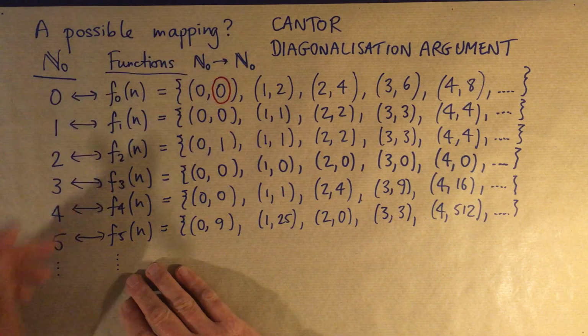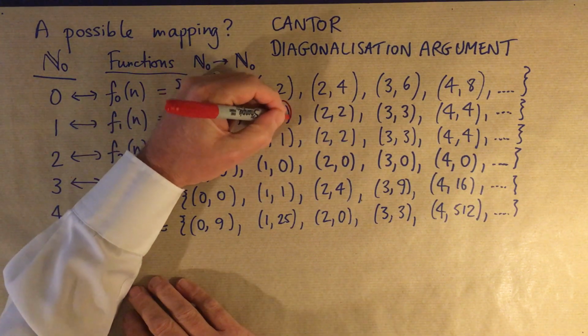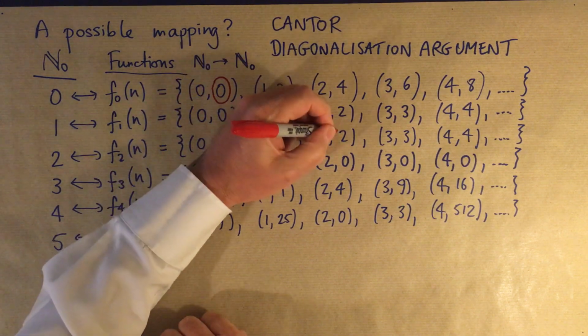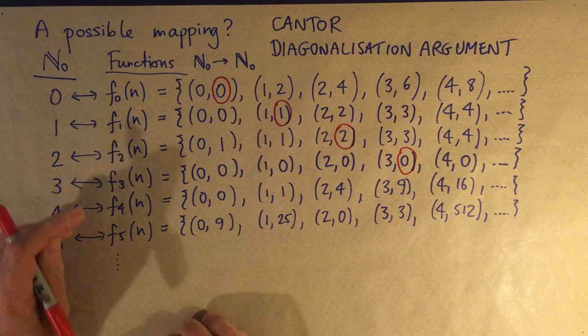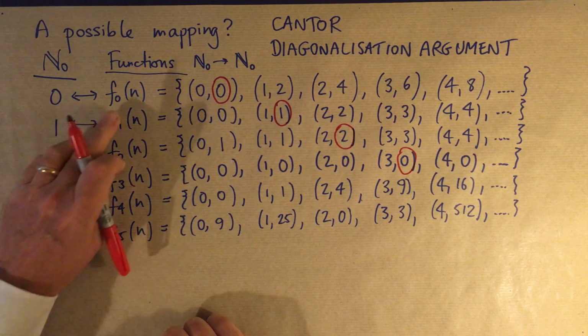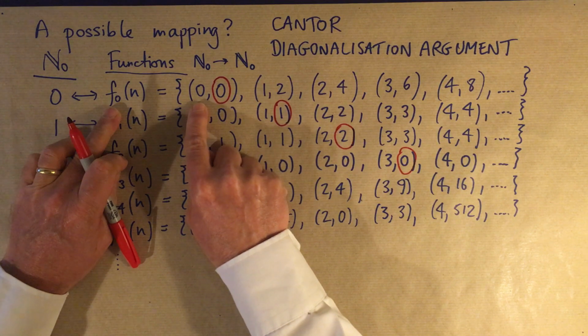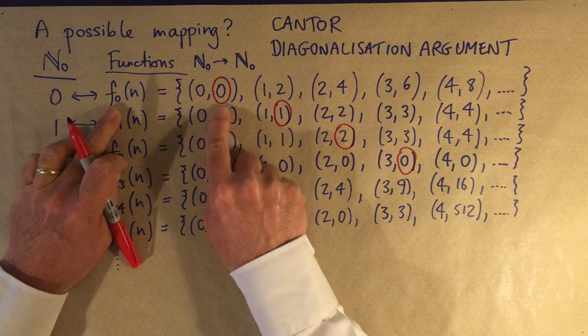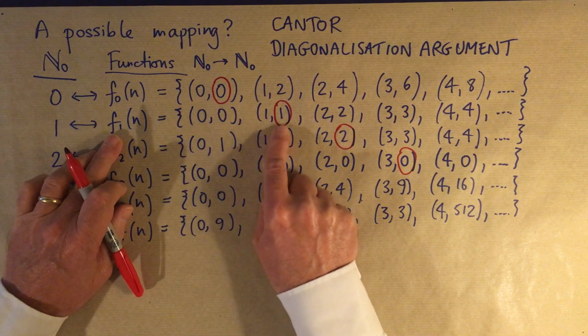This is going to be the outputs from each of these functions. So the output here, the output here, the output here. So basically, if we look at F0 and look at the output for 0, currently it's 0. Look at F1 and look at the output for 1, it's 1.